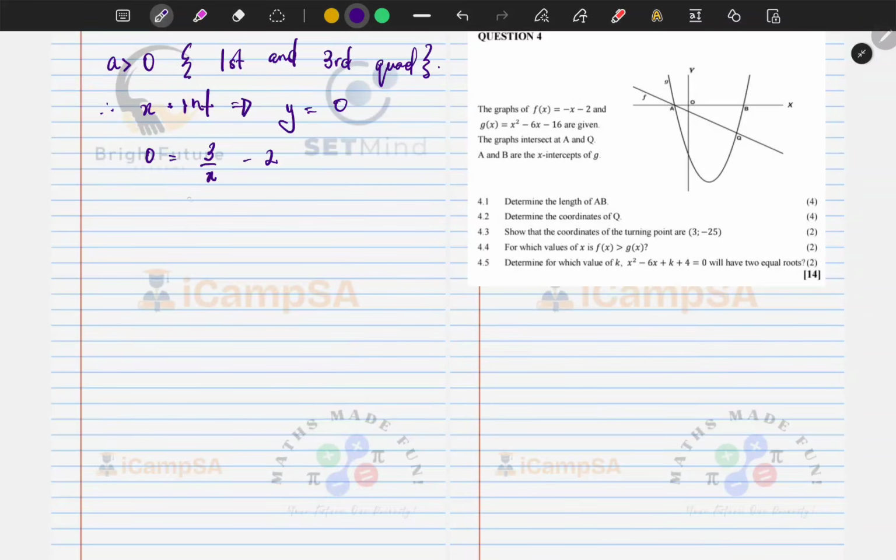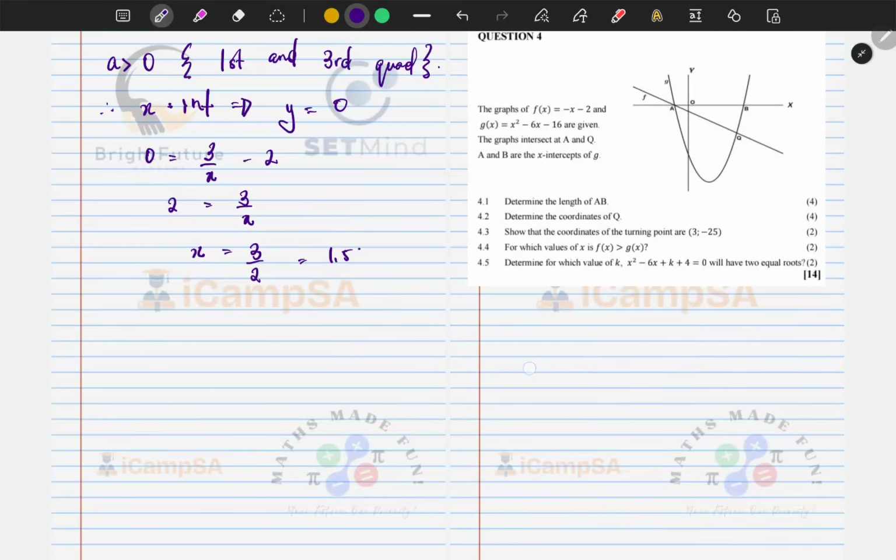So we transpose, so this is going to be 2 equals 3 over x, right? And we can simply cross multiply. So cross multiplication is going to give us x equals 3 over 2, which is just 1.5, right?